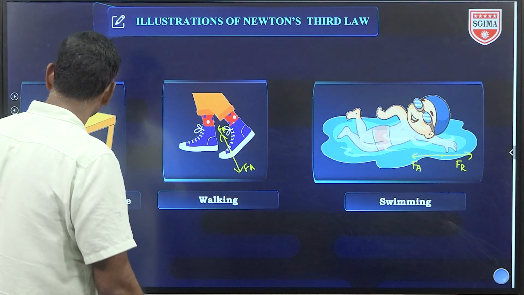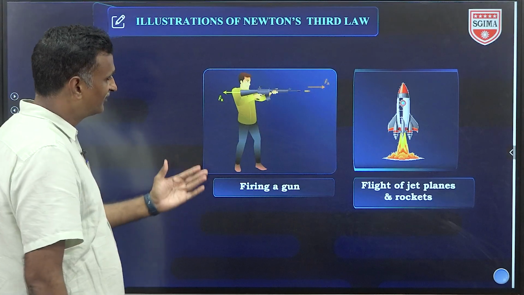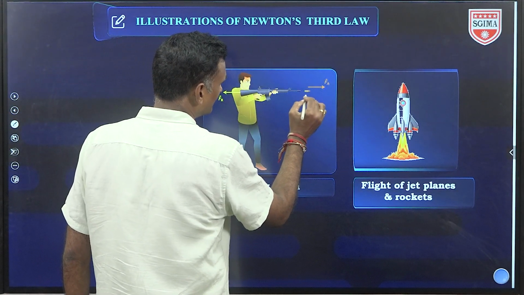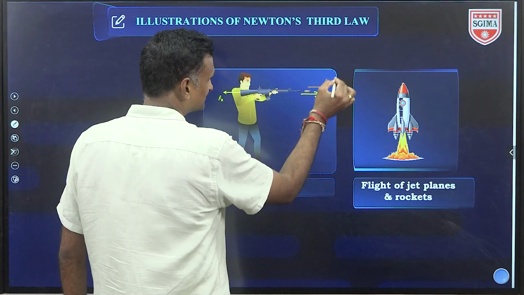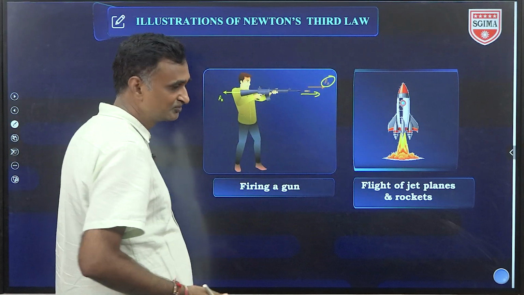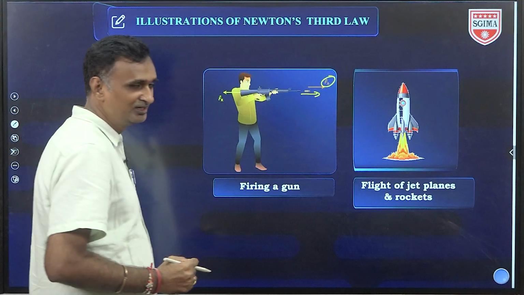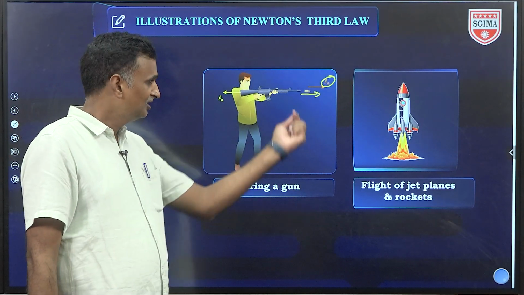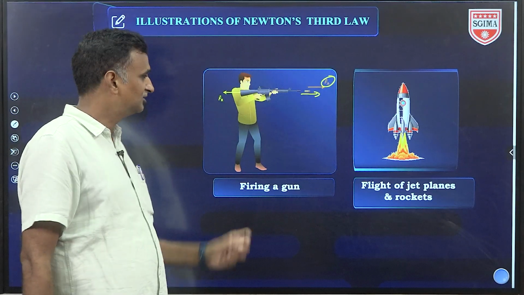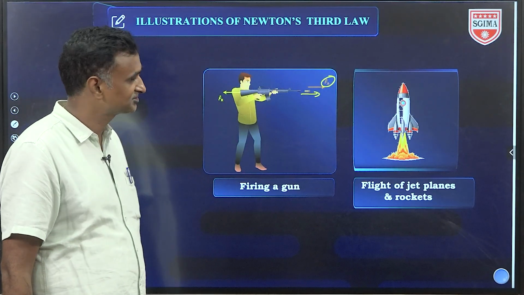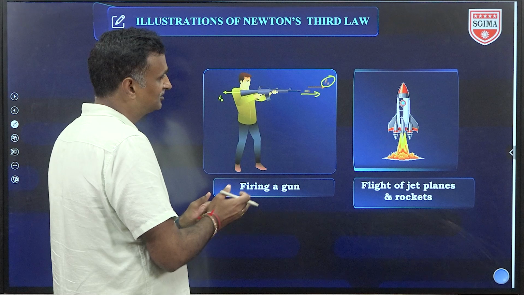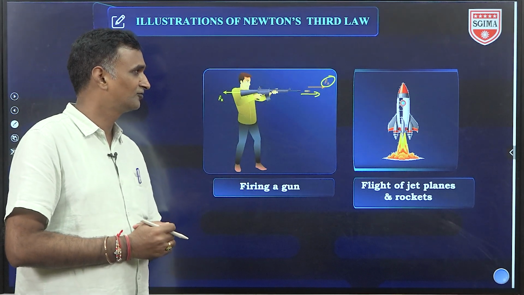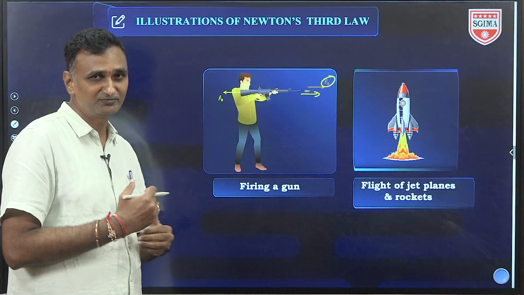Next, firing a gun. When a bullet is fired from the gun, the bullet leaves with some force, which is called the action force. When the bullet leaves the barrel, it moves with some force called the action force. Due to that, the gun moves backward, which is called the reaction force. We can have questions on this concept, and we can solve them using the concept of conservation of momentum.